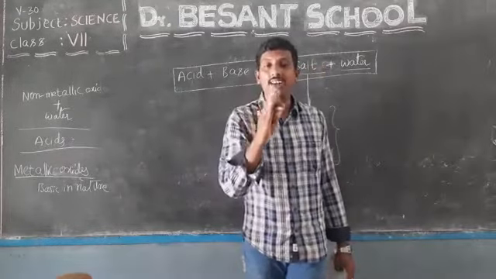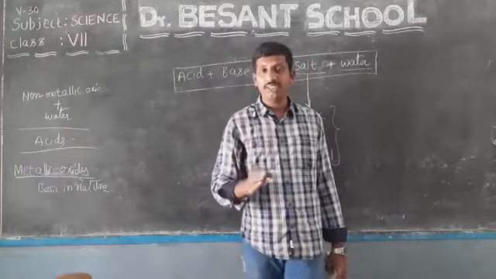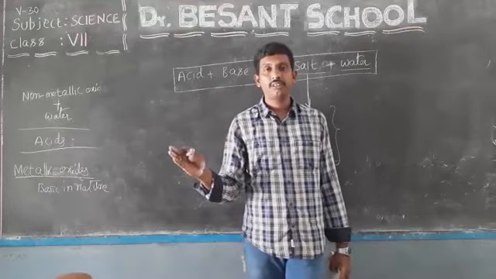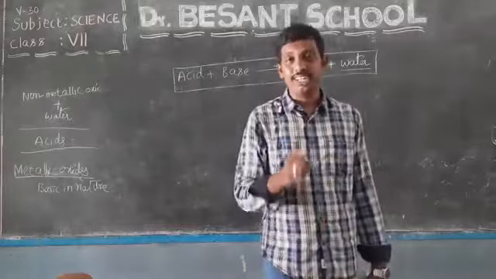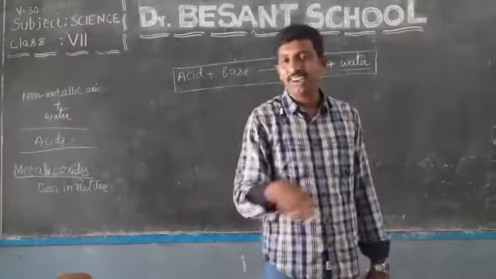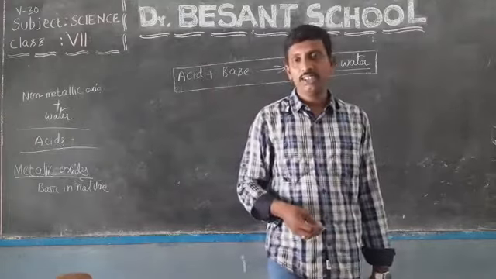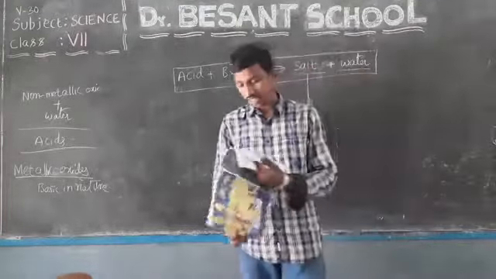See, all the salts are not neutral. Are you able to understand? We take some examples. Glucose is a neutral substance, but it is not a salt. Are you able to understand? So, like this we learnt about so many types of salts also.